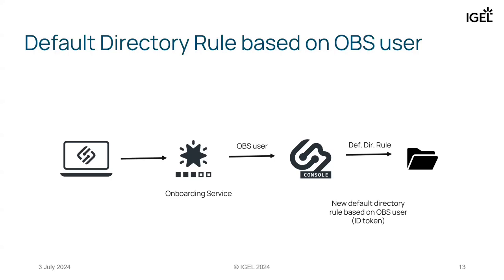With this default directory rule, you can configure that this specific name or the role of the user or even the domain of the email address is transferred to a specific directory. And with that, this device can automatically get the right configurations without any involvement from you. So this is just a small new default directory rule, but it could have an immense effect on the workload because it can reduce it a lot.